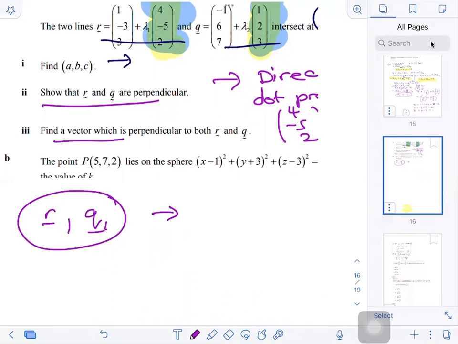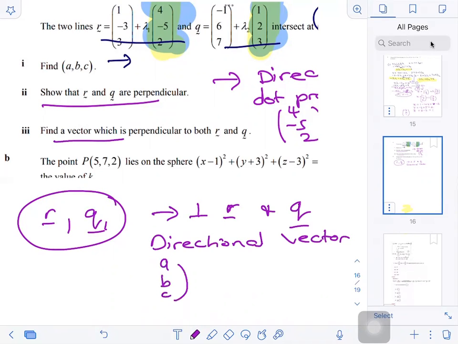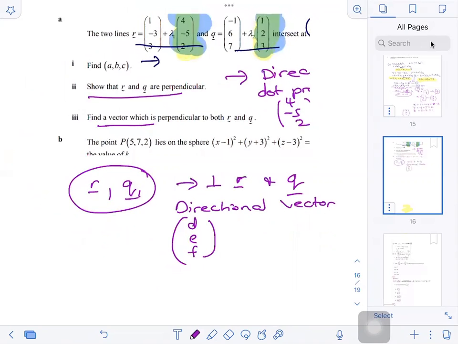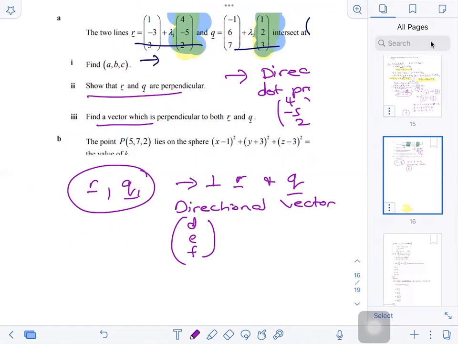All right, so if it's going to be perpendicular to R and to Q, let its directional vector be A, B. I better not do A, B, and C because we used that before. D, E, and F, maybe. So what that means is that if you've got D, E, and F, then when you dot that with 4, minus 5 and 2, you should get 0.